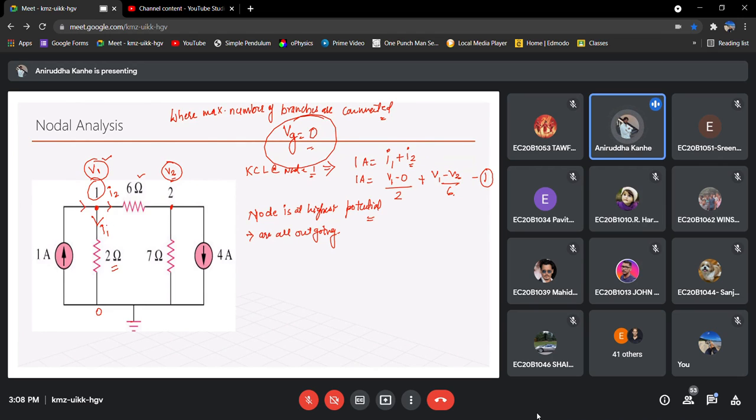In this case, as it was not mentioned, I have considered the outward current. Here also it was not mentioned, so I have taken the outward current. Whereas in this case, the direction of the current source is already mentioned to you, so we have not touched it. Is that okay? So one thing you have to always remember while writing the nodal equation: whatever node you are considering, consider that it is at the highest potential. Now let us write for node number 2.